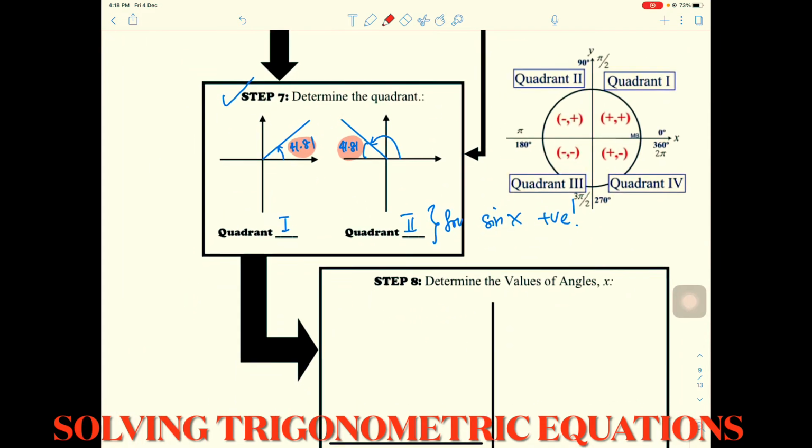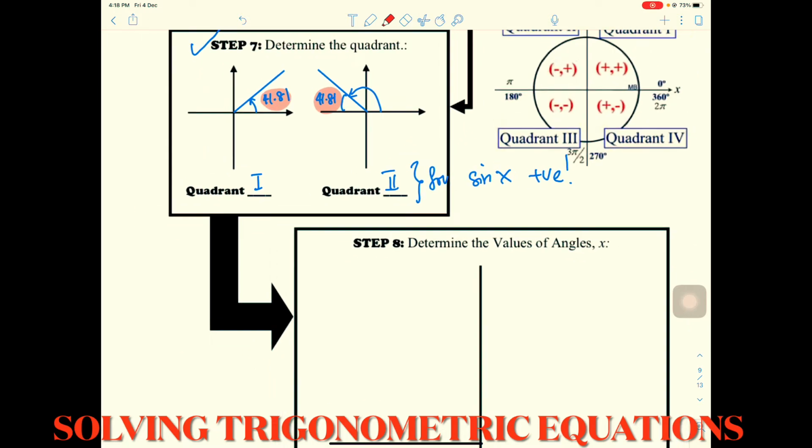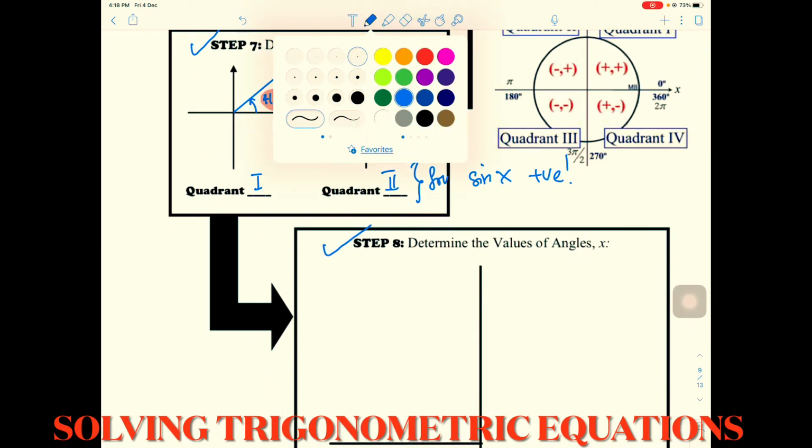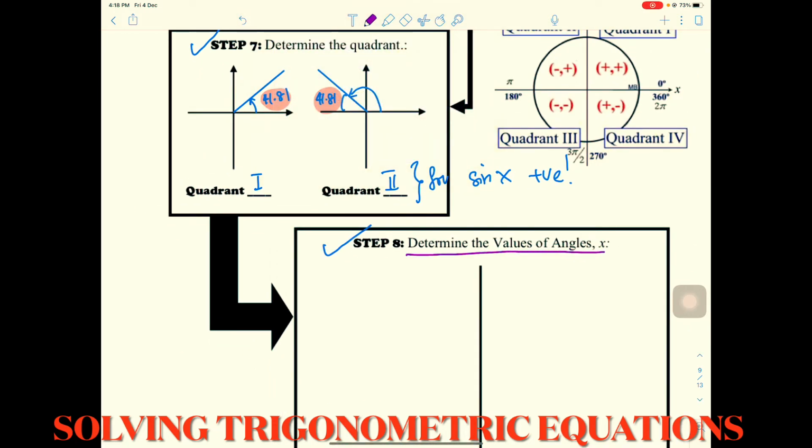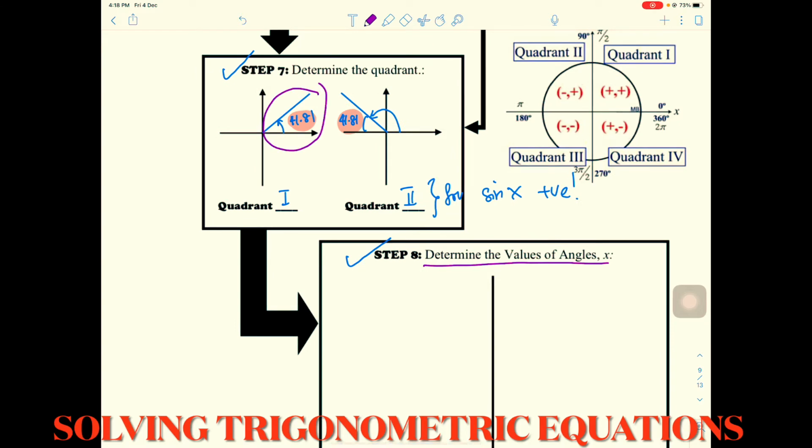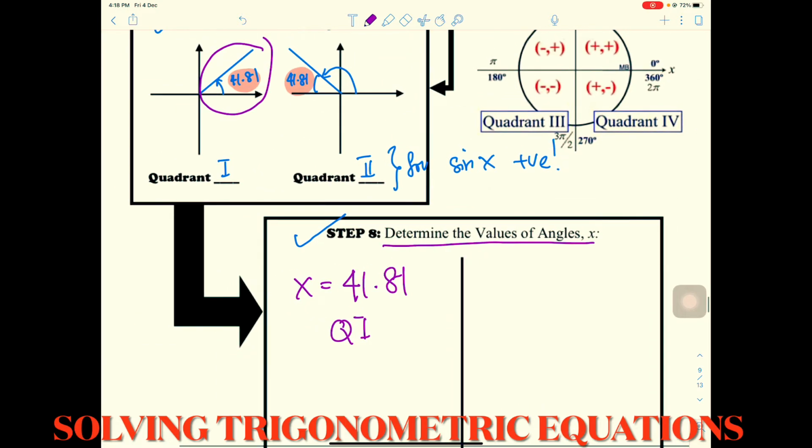After you determine the quadrant, now step 8: determine the angle of x. Because the reference angle in quadrant 1 is also the actual angle, the first x equals 41.81.